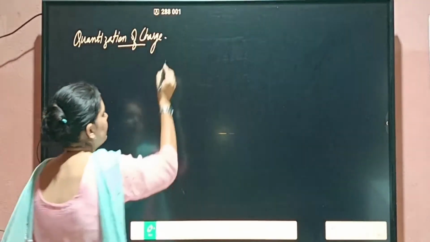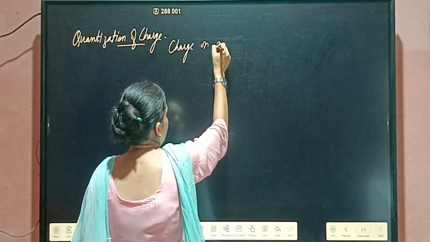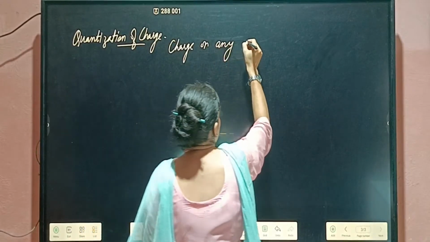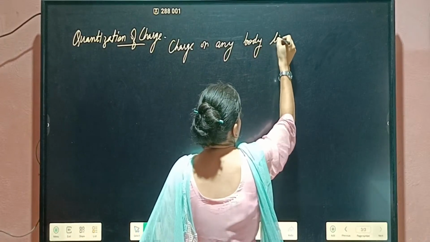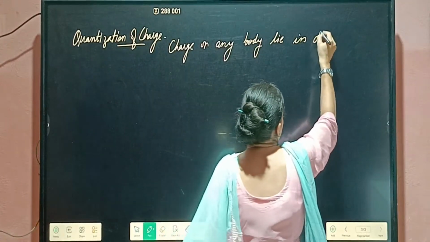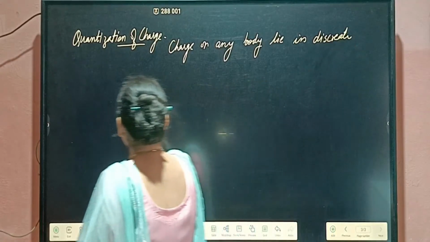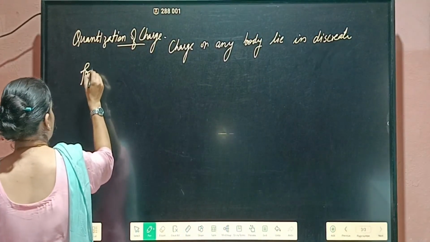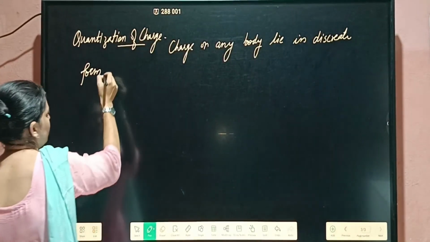We can say charge on any body lies in discrete form.